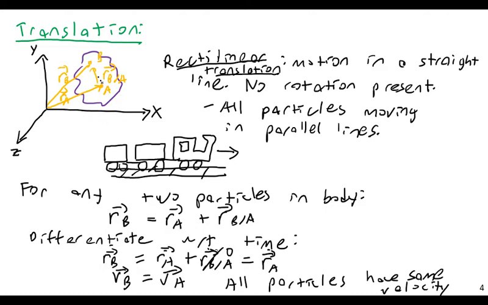There may be a displacement vector between A and B, but there will be no change in that. It's a rigid body. The vector from here to here is not going to change with time. So this term, R from A to B dot, is 0.